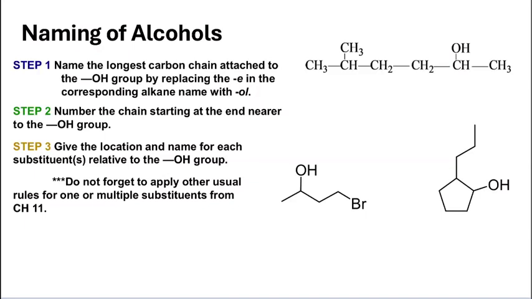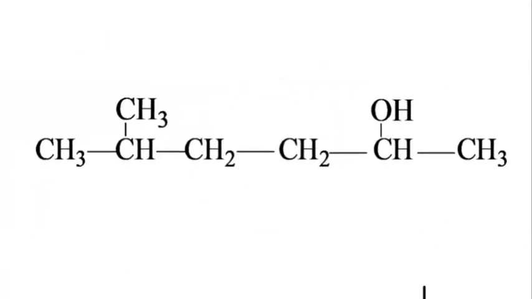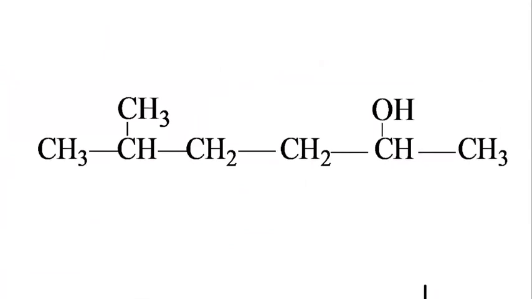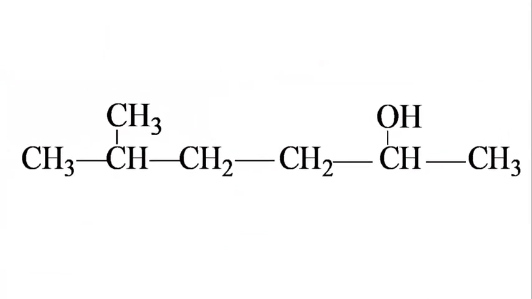Let's do the examples that we have on the right side of the slide. Starting with this structure, take a moment and identify what is the longest carbon chain, meaning the one that is going to give us the name of the main chain, or in other words, the parent chain.